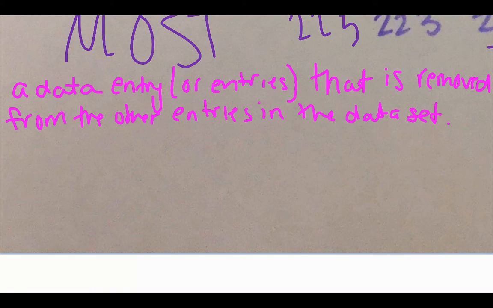Now, some are valid, meaning we need to keep them in the data set, but others should be removed.